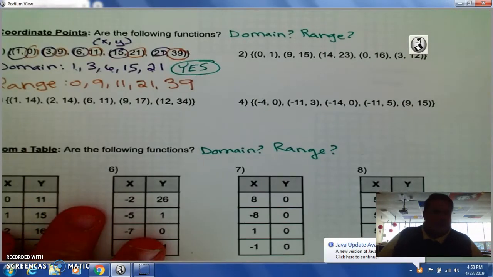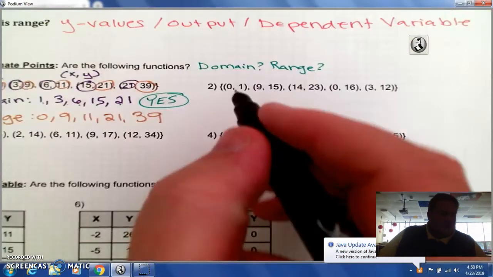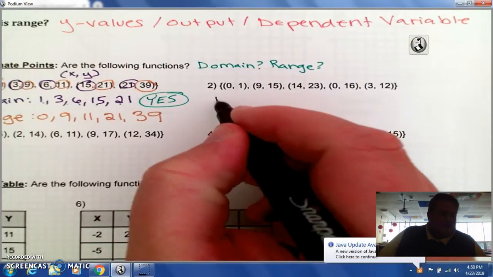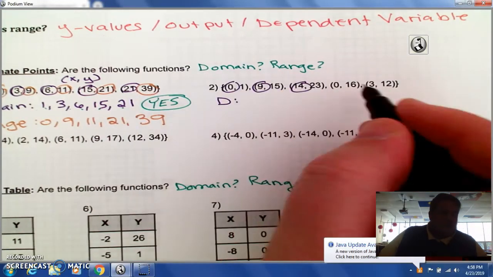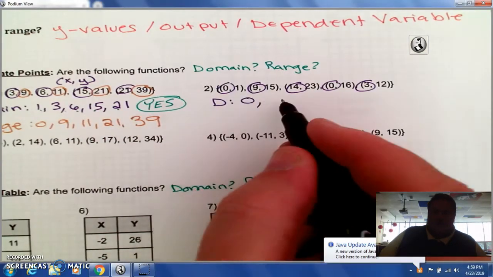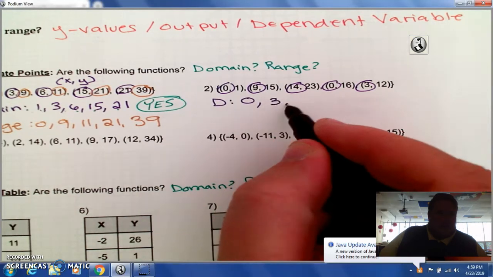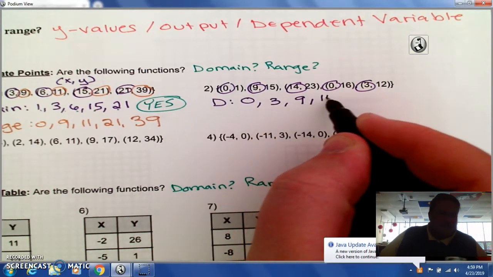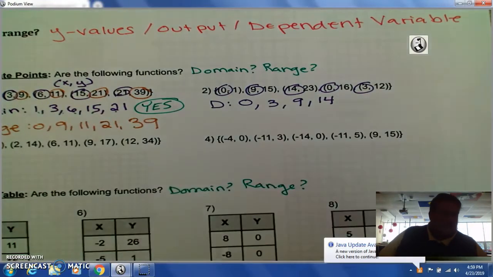Now, looking at number 2, the domain is 0, 9, 14. You have a 0 again and a 3. Okay. So 2 zeros, I don't have to write it twice. 0, 3, 9, 14. Because I have 2 zeros, no, it's not a function.